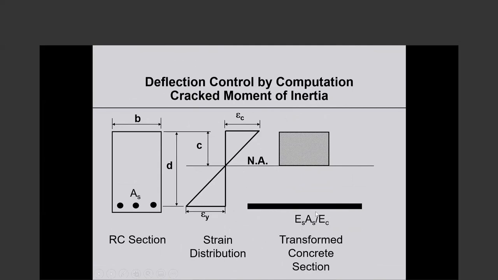And we are taking an equivalent concrete area, if you like: the reinforcement area multiplied by the modulus of elasticity of the steel divided by the modulus of elasticity of the concrete. So this is a transformed concrete section.